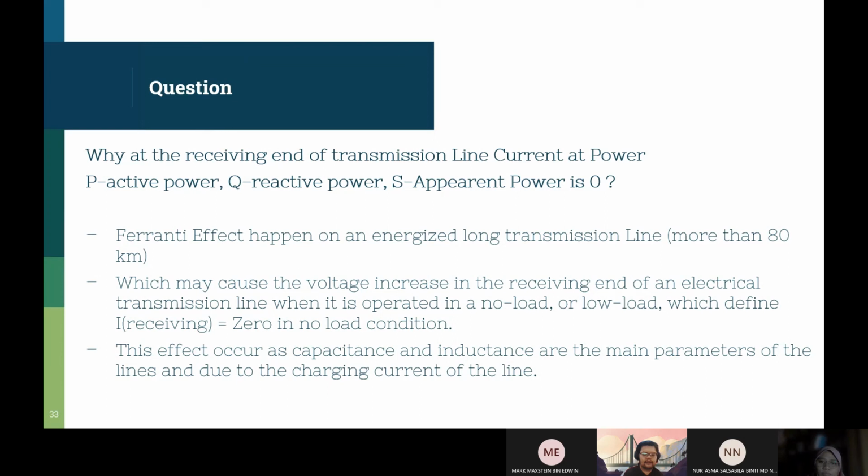It may cause the voltage to increase at the receiving end of an electrical transmission line when it is operated at no load or low load, which means the receiving current will be equal to 0 in the no load condition. This effect occurs as capacitance and inductance are the main parameters of the line and is due to the charging current of the line.